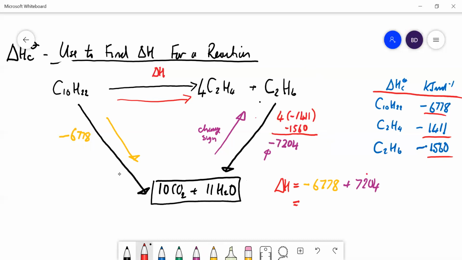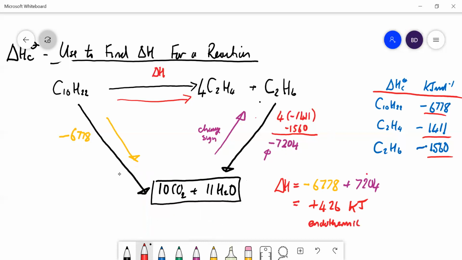I didn't do that one earlier, so I'll have to do it on my calculator. Plus 426 kilojoules. Now, it's usually a good idea when you're doing these sort of calculations, if it is positive, to put the plus in. You don't have to, you won't lose marks if you don't, but it just reminds you that it's there. And so this tells us that this is an endothermic reaction, positive.